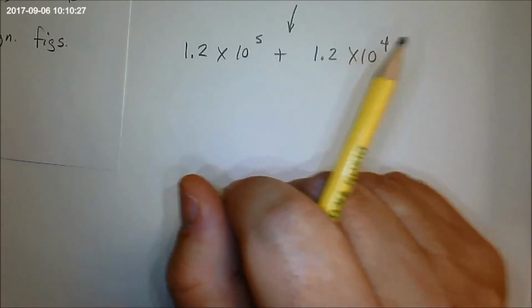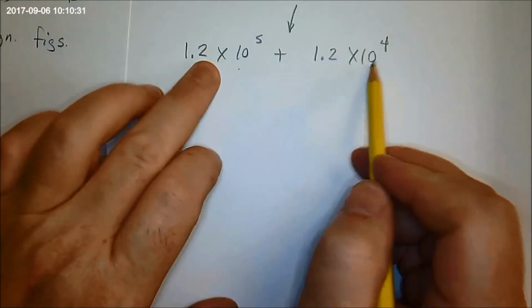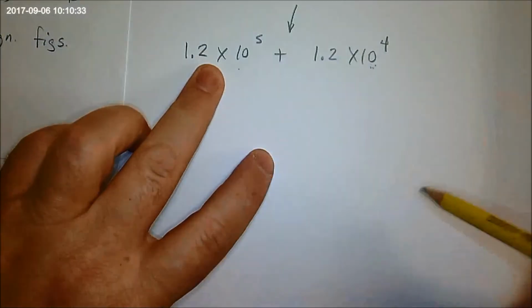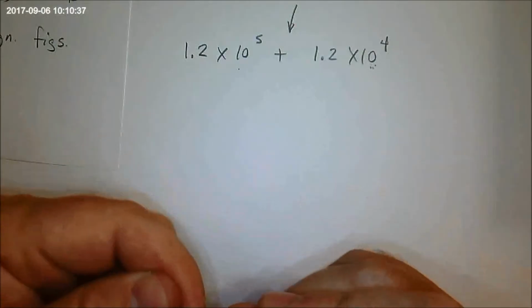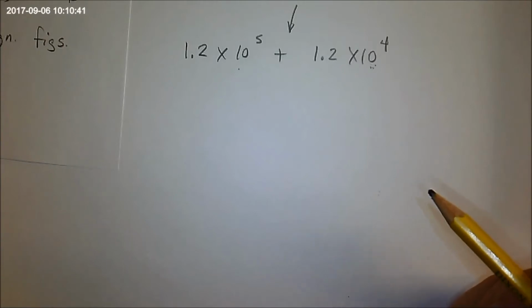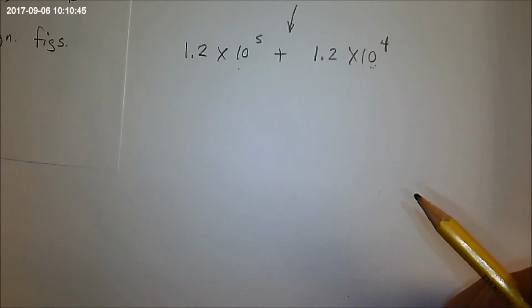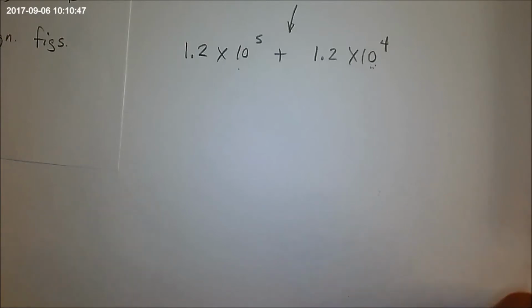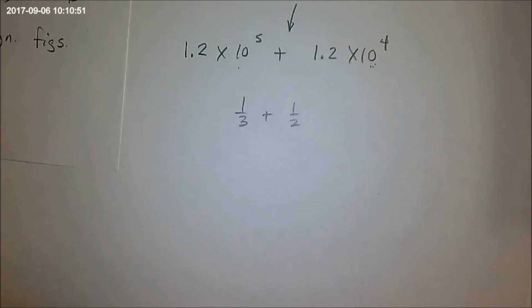Oh, I see. So why do we have to convert one of these to be the same as the other before we can add? Yes, sir. Because it's like the denominator. What do you mean? They have to be the same so you can add or subtract. Well, why do you have to? Okay, so you're saying you have to have the same denominator to add?